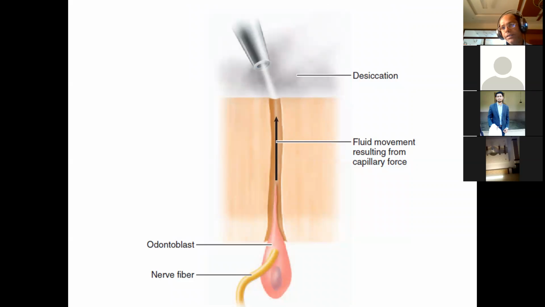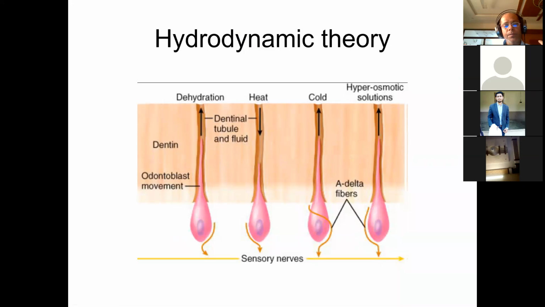And sensitivity is also due to A delta fibers. This is the hypersensitivity of dentin, due to fluid movement, or change in temperature, the outward movement and inward movement that activate or irritate the nerve endings close to the body of the odontoblast cells, and these nerves, mostly A delta fibers, are activated on cold or hot.